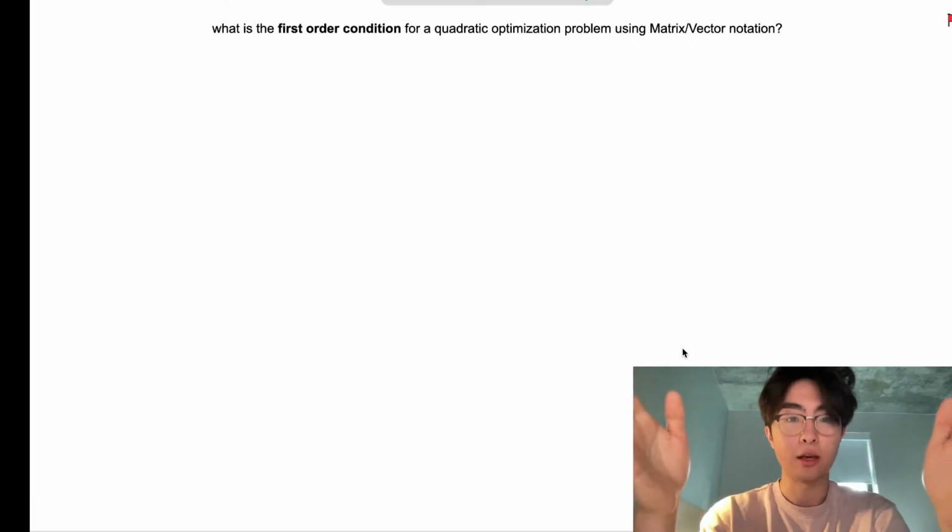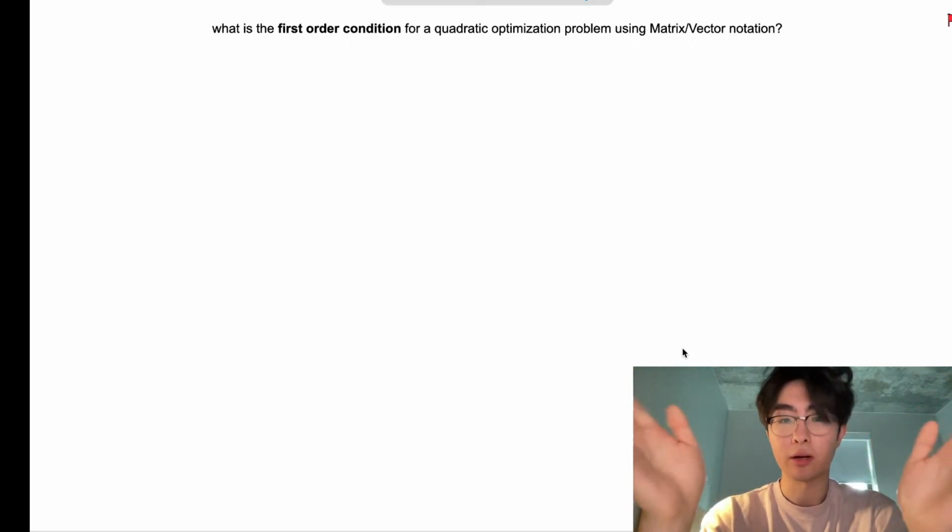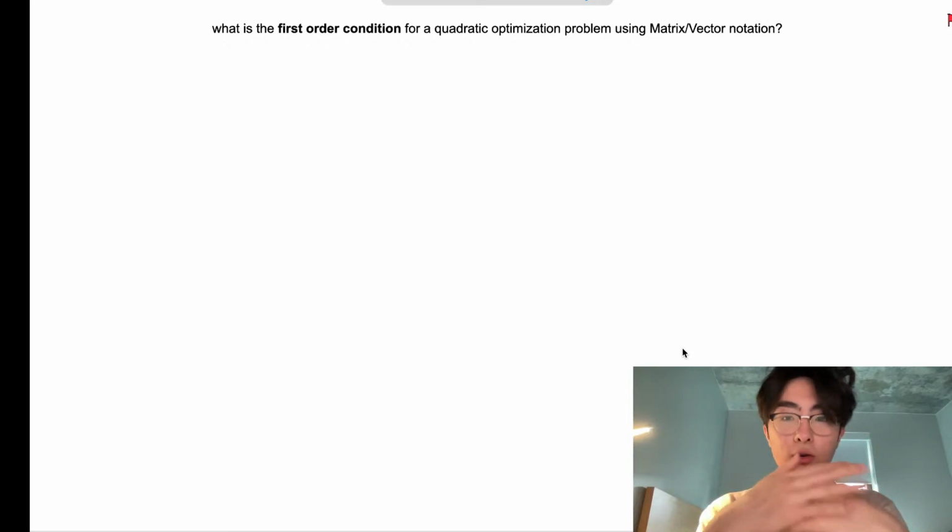So that's going to be a squared error, and then we do this for all of the possible samples, so now we have a sum of squared errors. And the first order condition just means we're finding the first derivative or the first order of this quadratic optimization function.